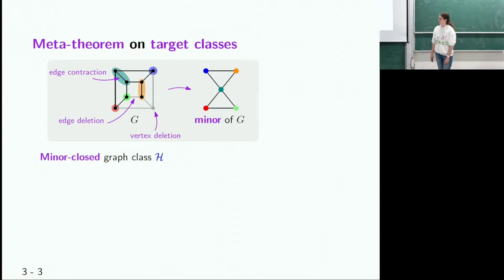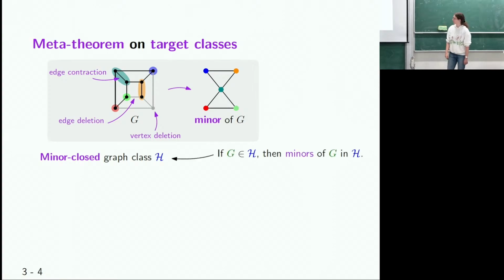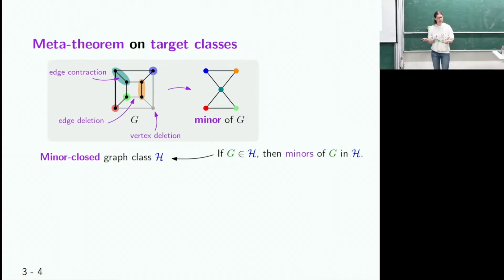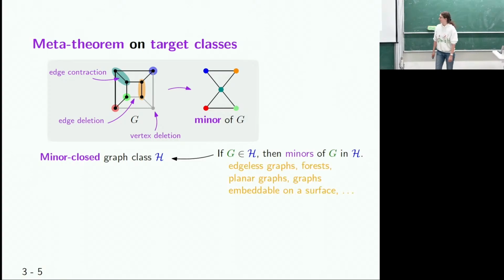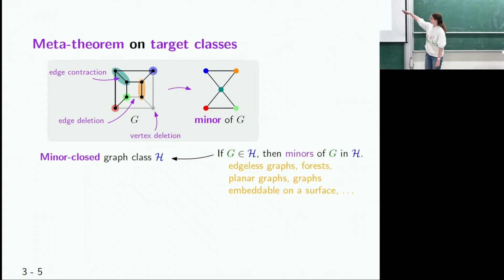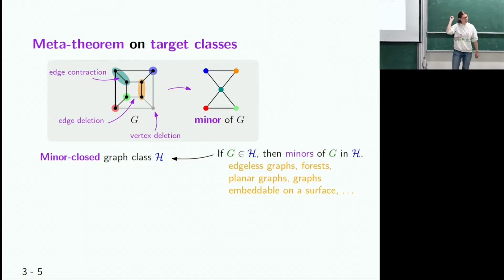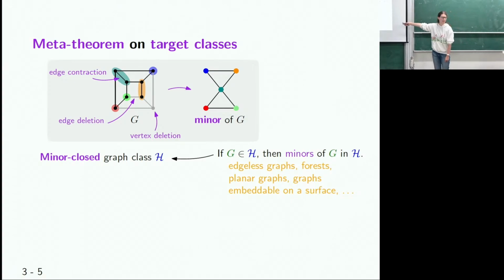And a minor-closed graph class H is a graph class where if G belongs to this graph class, then all of its minors also belong to the graph class. And we have a lot of nice results on this. So a lot of graph classes can be expressed like this: edgeless graphs, forests, planar graphs, and so on and so on.